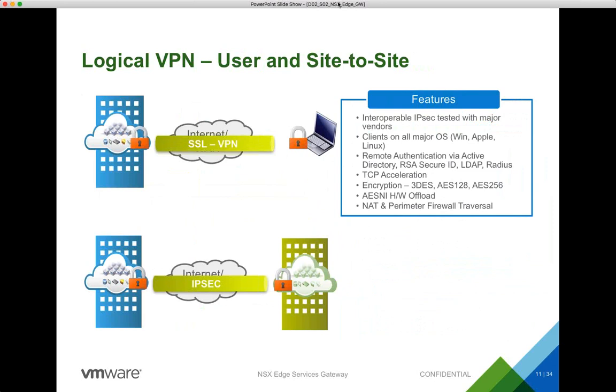Also site-to-site VPNs. So if you've got multiple data centers or multiple remote sites, you can deploy edges out there and create IPsec tunnels. Now, one cool thing that you might also be able to do with this is, if you could deploy an edge services gateway out into maybe a public cloud somewhere, what would stop you from setting up a site-to-site VPN, allowing you to have that connectivity between on-prem and the cloud?